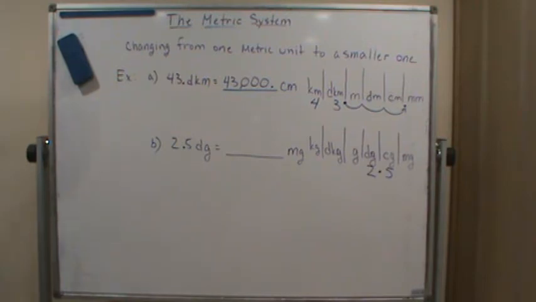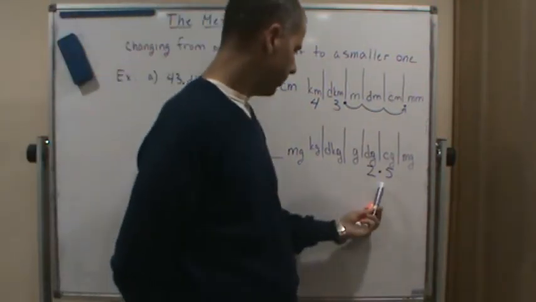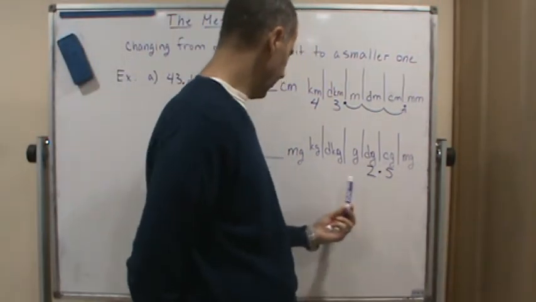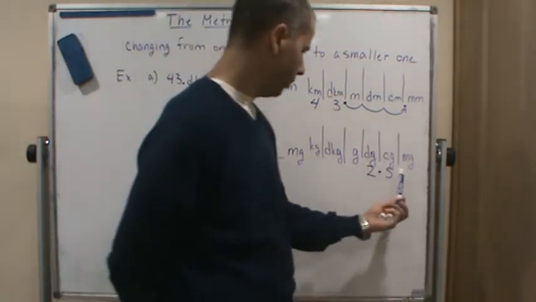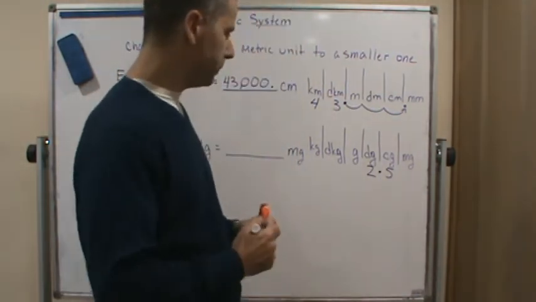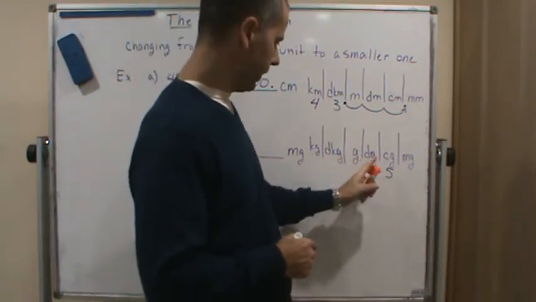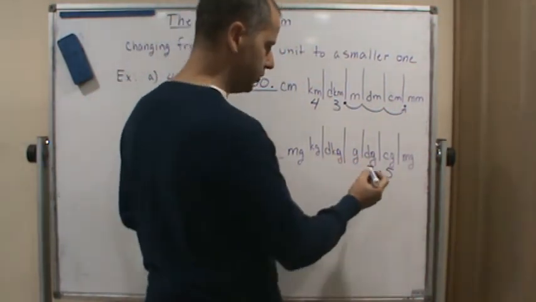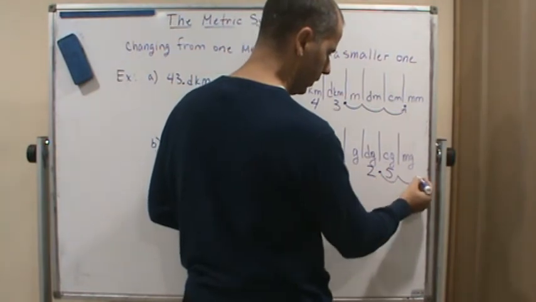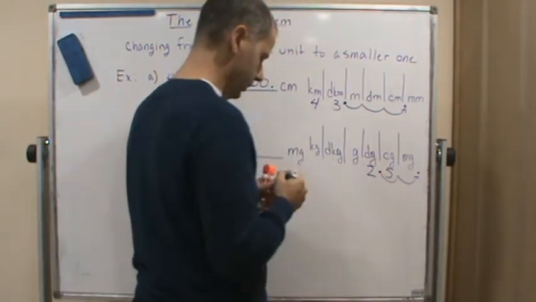So this is where we're starting, and we want to go to milligrams, which is right here. How many place values do I need to move when going from decigrams to milligrams? That's going to be 2, so I'm going to move 1, 2 place values.